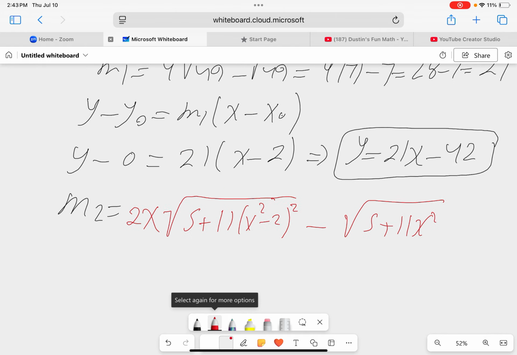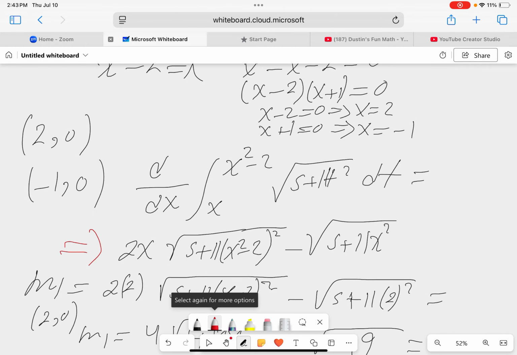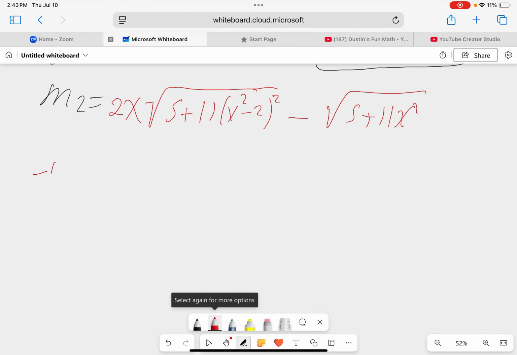And then the second point, if you remember, the second point we have is (-1, 0). So -1 and 0, I'm going to put the point here. So for m2, I'm just going to replace x with -1. So it's going to be 2 times -1. And then I have 5 plus 11 times -1 to the power of 2, which is going to be 1. 1 minus 2 is -1.